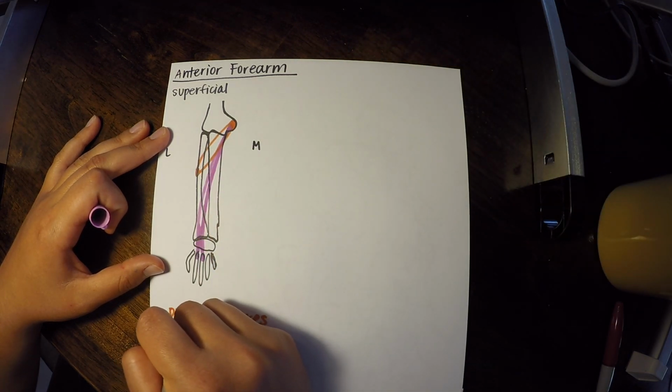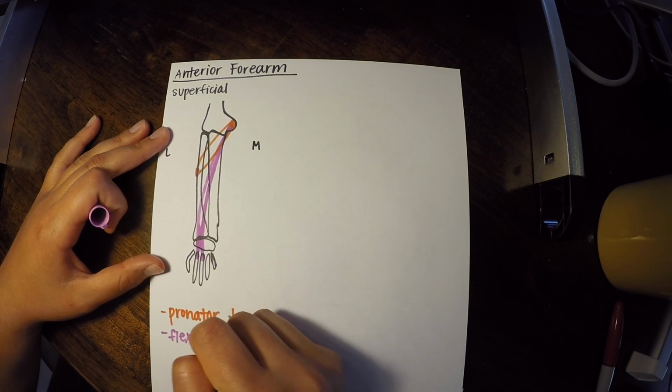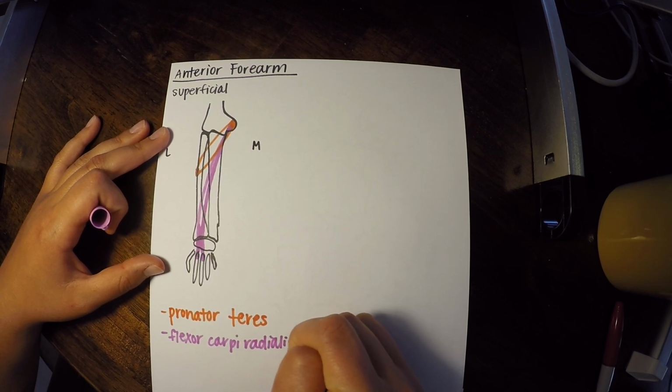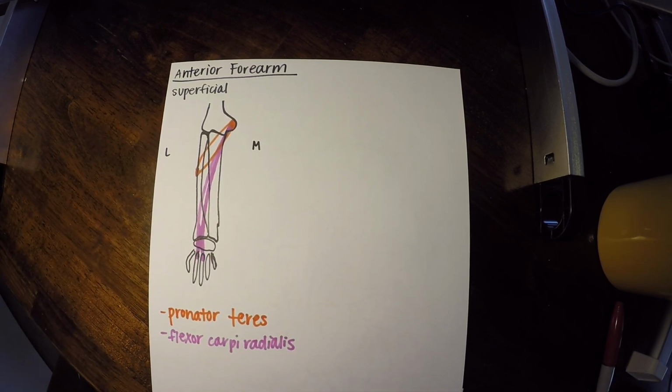That is our Flexor Carpi Radialis, and that muscle is also innervated by the median nerve, and what it does is it flexes the wrist. Our next muscle is a little bit of a smaller muscle, and it's Palmaris Longus.